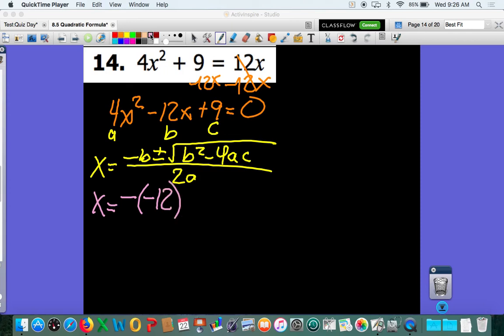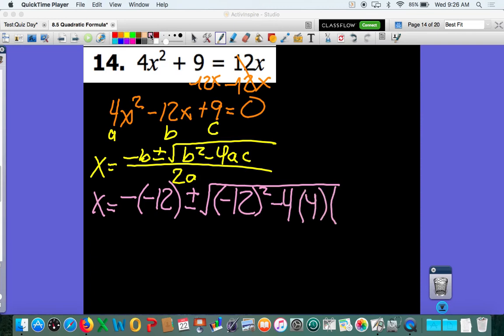Make sure you put that in parentheses. Plus or minus the square root of negative 12 squared minus 4. My a value is 4. And my c value is 9. Make sure you use parentheses. All of this is over 2 times a, which is 4.